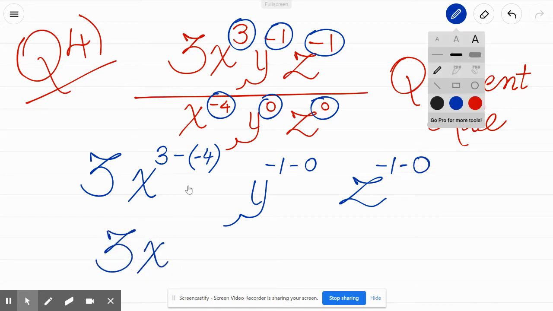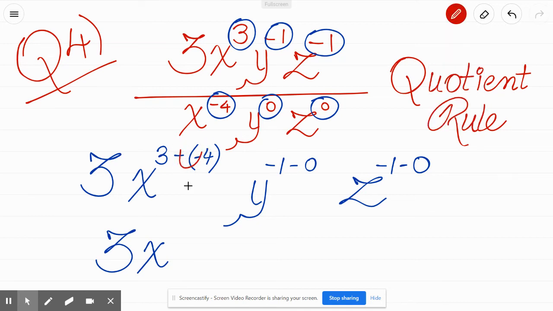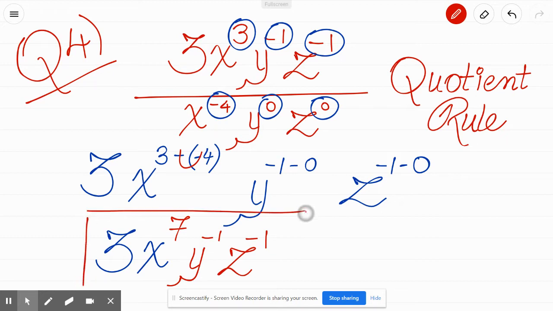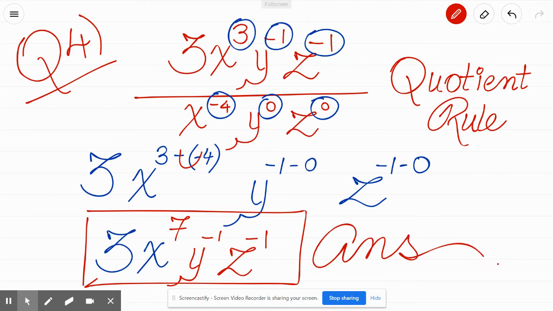Two negatives will make it a positive. 3 plus 4 is 7. Negative 1 minus 0 is negative 1, and z, negative 1. Now they all are different terms, they are not amigos, so we cannot combine them. This will be our answer.